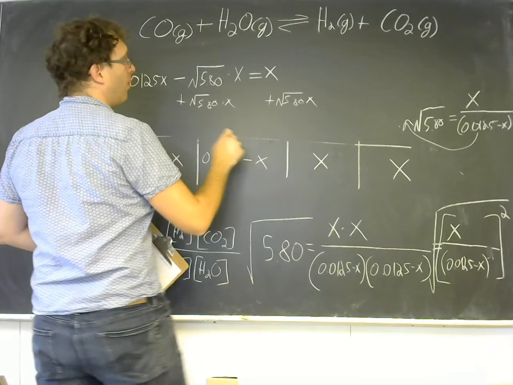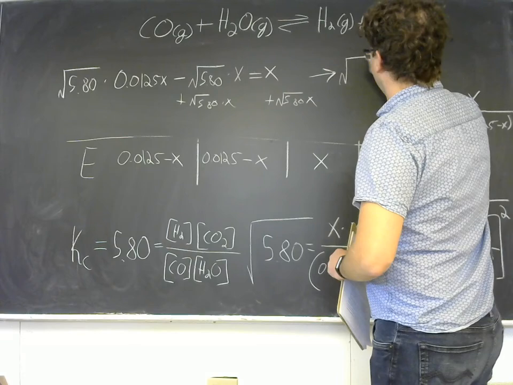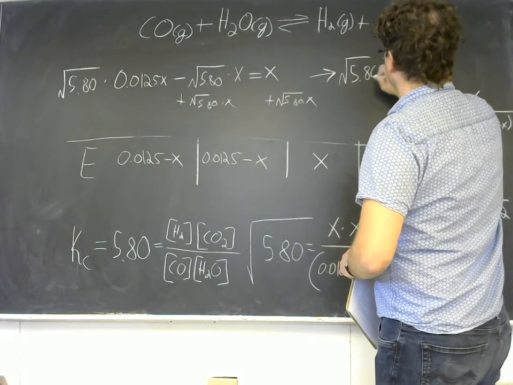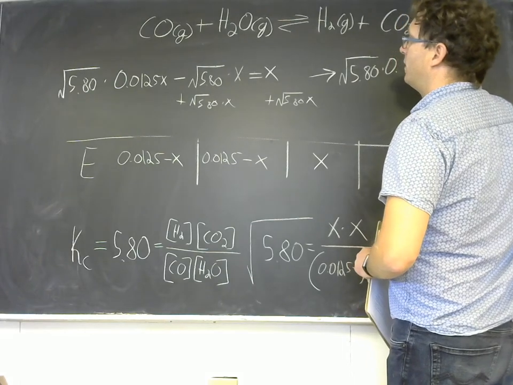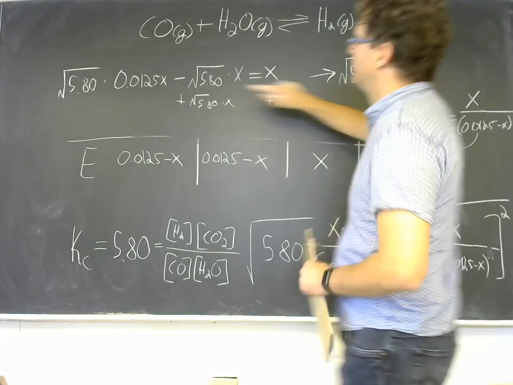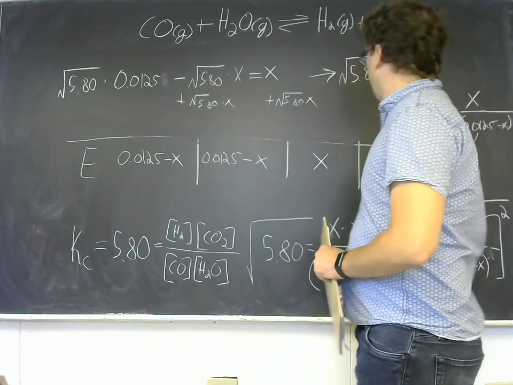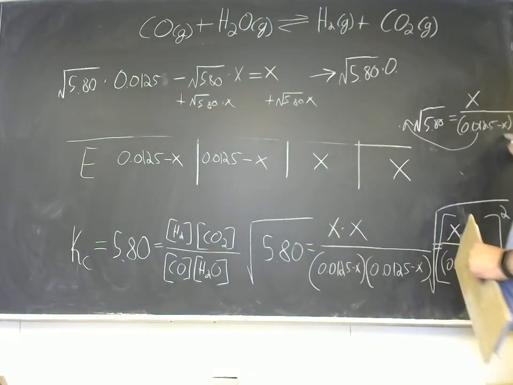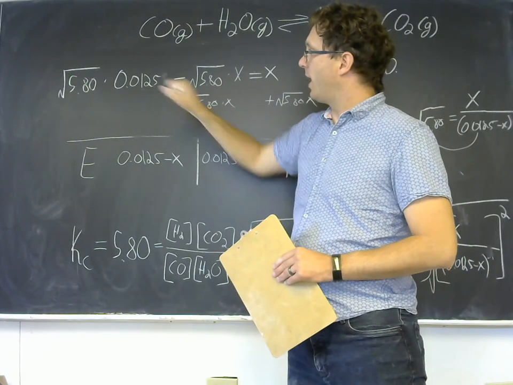And what we'll end up with is the square root of 5.80 times 0.0125. This never should have had an x. It's 0.0125, so it's the square root of 5.80 times 0.0125.